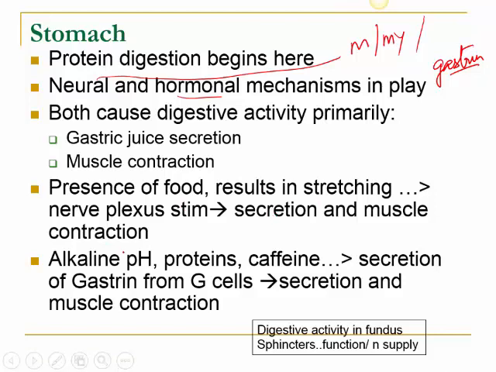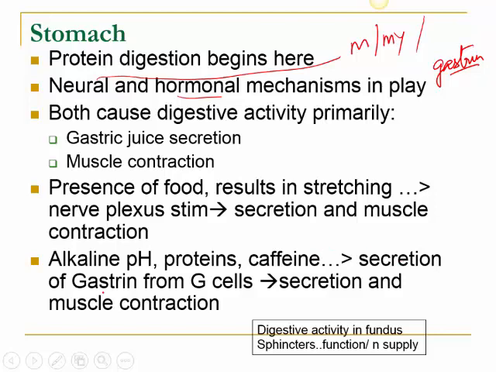Next is chemoreceptors. So whatever you eat, if there's an alkaline pH, plus whatever you've eaten from the mouth, with salivary glands producing mucus, have alkalized it a little bit. Proteins present in the food, undigested proteins, caffeine and other substances stimulate chemoreceptors.